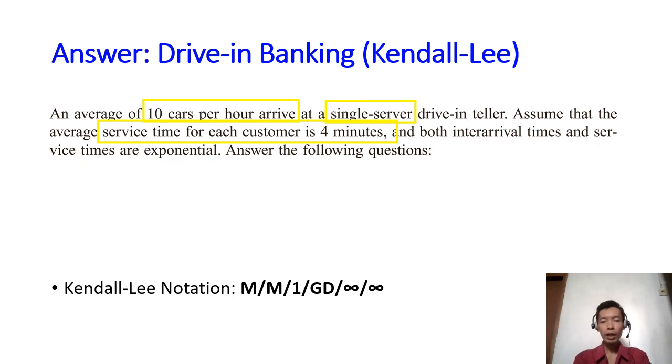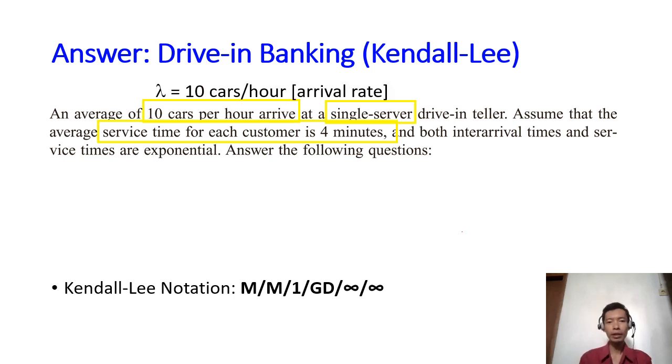And then based on the other information, we can say that the arrival rate lambda is 10 cars per hour, right? It comes from here. For the service rate, however, we do not have direct information from the problem, because it says that the average service time is 4 minutes.